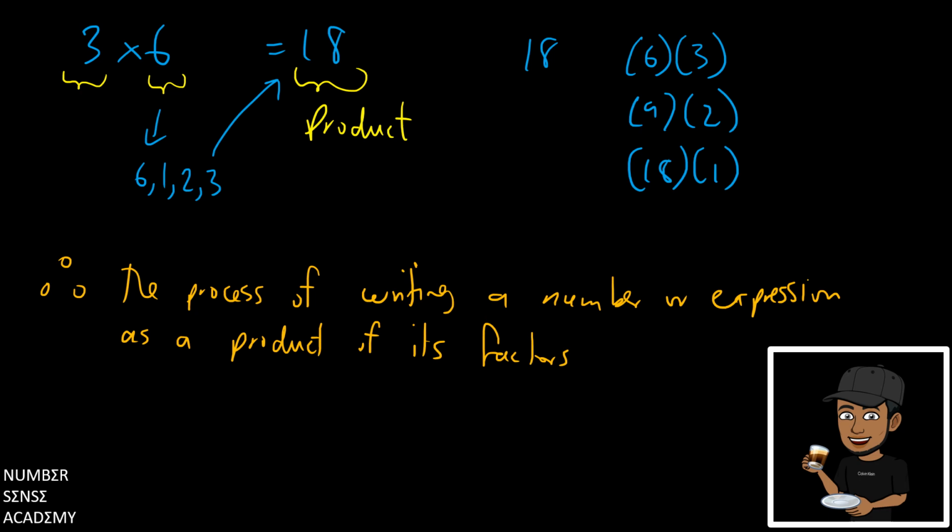There are some key terms in there, and one that I want you to pay attention to is the term product. Whenever you write something in factored form, you're actually writing a product. So you're multiplying. There's no plus sign sitting in between.